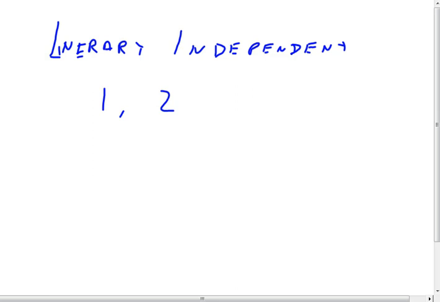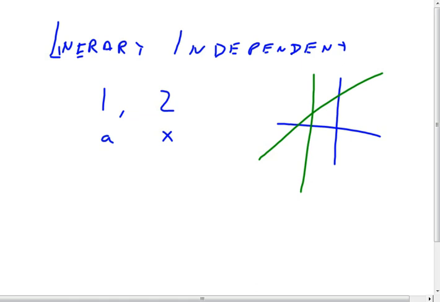Yeah, because I can multiply 1 by 2. If I have some constant a, and I have an x, are they linearly independent? Yeah, they are. No matter what I do, I can't turn the a into x by multiplying.